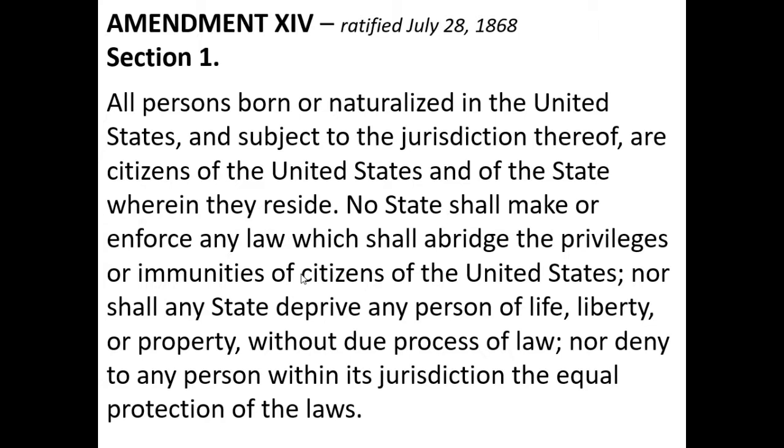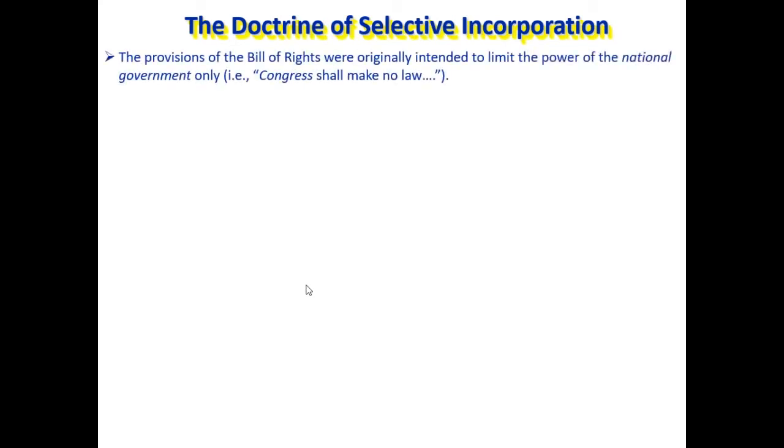And then we jump way ahead 100 years to the 1860s, 1868 to be precise, and the 14th Amendment is added to the Constitution. But it really wasn't until the 20th century that the significance of the 14th Amendment began to emerge.